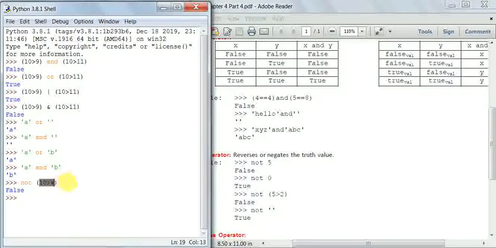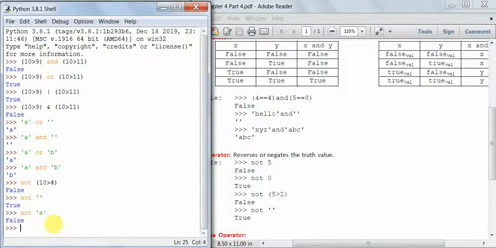If I give a blank value instead of this condition, it gives true, because a blank value means a false value. And if I give some value like A, then it will return false.